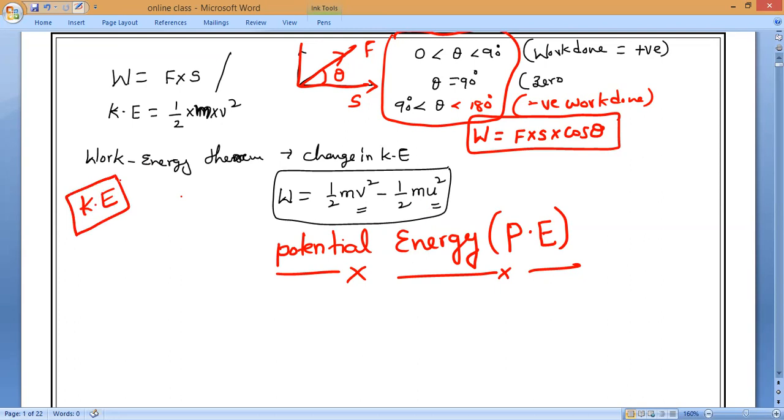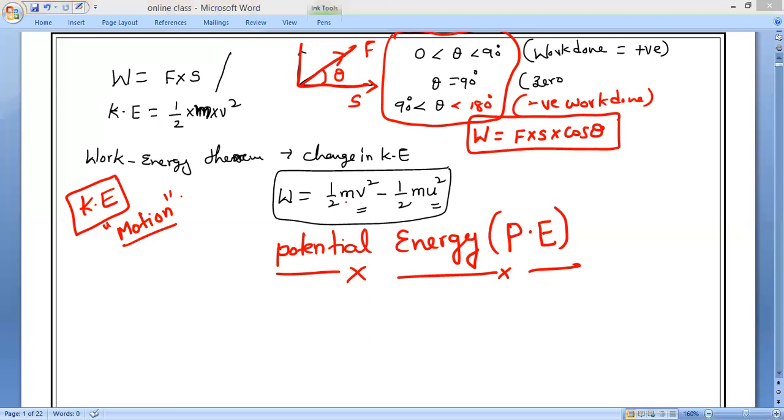Before going to potential energy, I want the definition of kinetic energy. Anybody can tell me: the energy possessed by a body by virtue of its motion. Kinetic energy is due to motion.